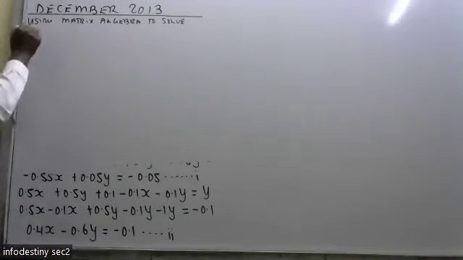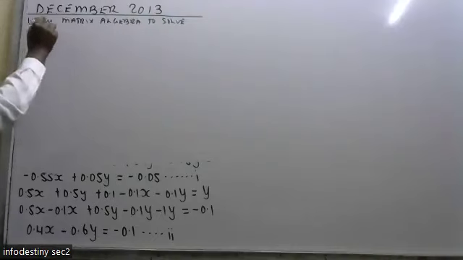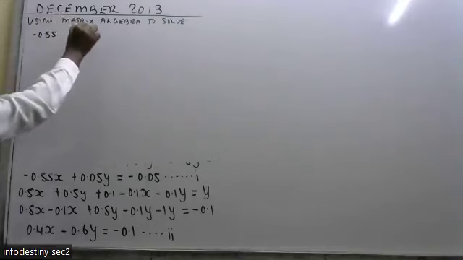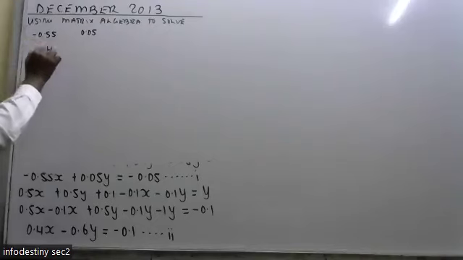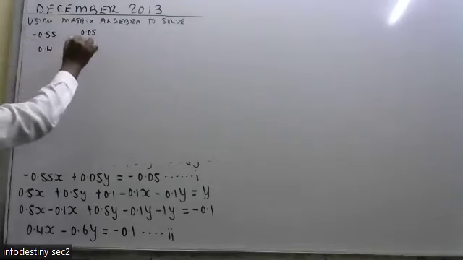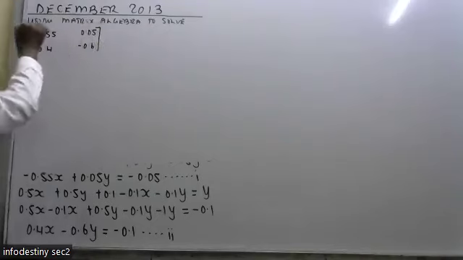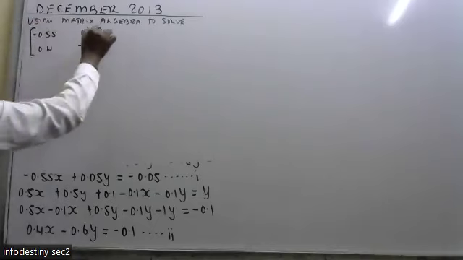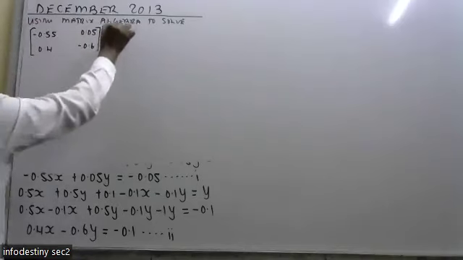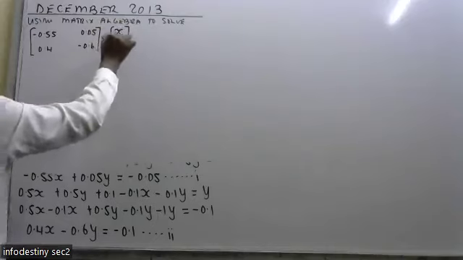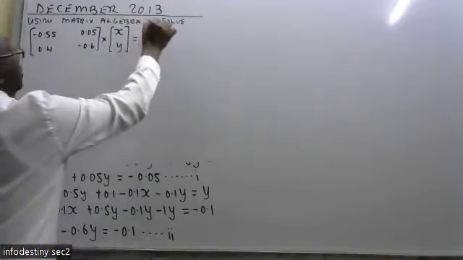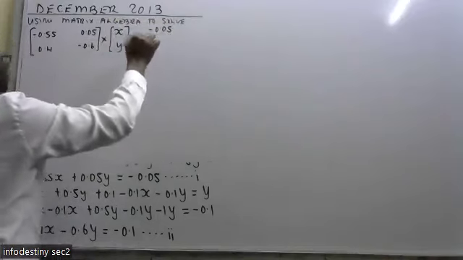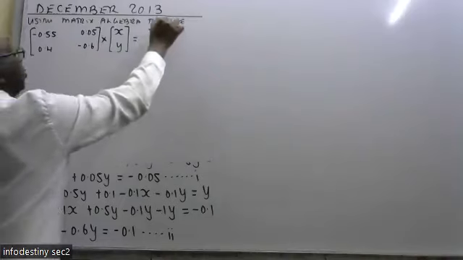We are going to have minus 0.55 and 0.05, then 0.4 and minus 0.6, times x, y, should be equal to minus 0.05 and minus 0.1.